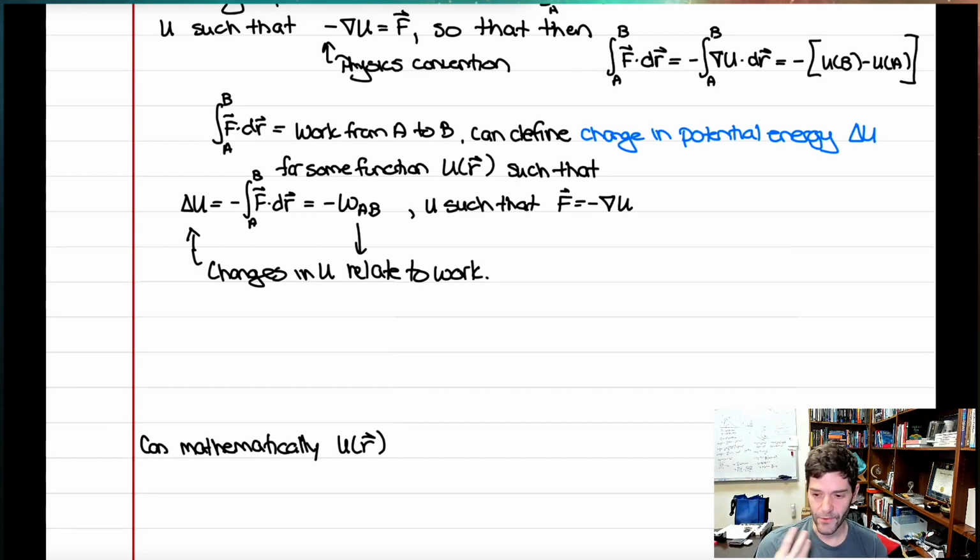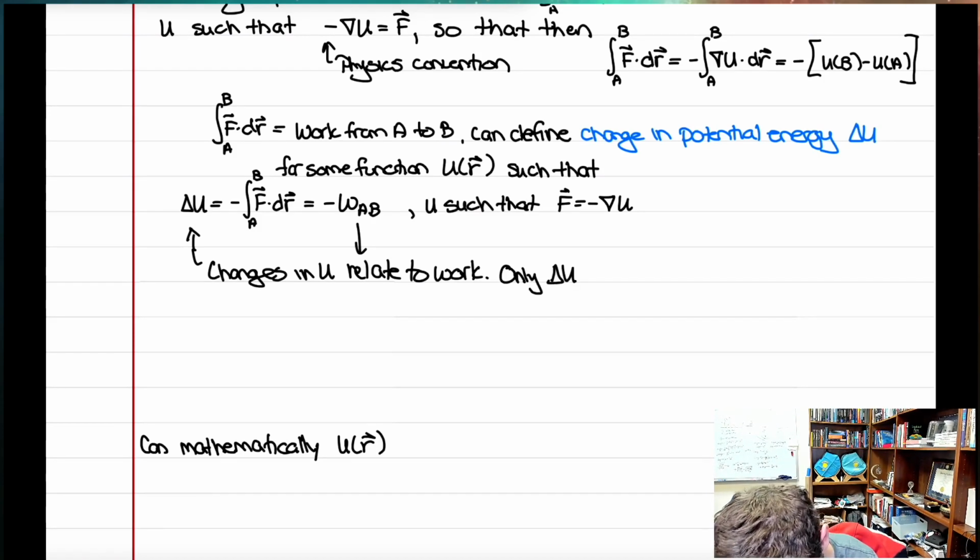If you want to talk about how much work a force has done, or similarly how much a potential energy has changed, right, it's the change in potential energy that relates to work. It's not the exact value of the potential energy, but only the amount that the potential energy has changed. So changes in potential energy relate to work. Only delta U has any physical meaning.